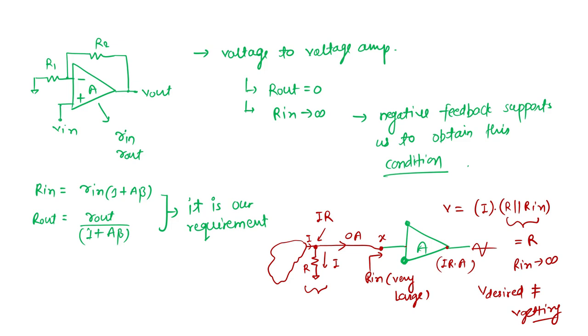And same thing, if I am detecting the R out to be some finite value, then what we get at the output is not the same as what is amplified. If this is the amplifier, this is the input, we expect to get A times V in.